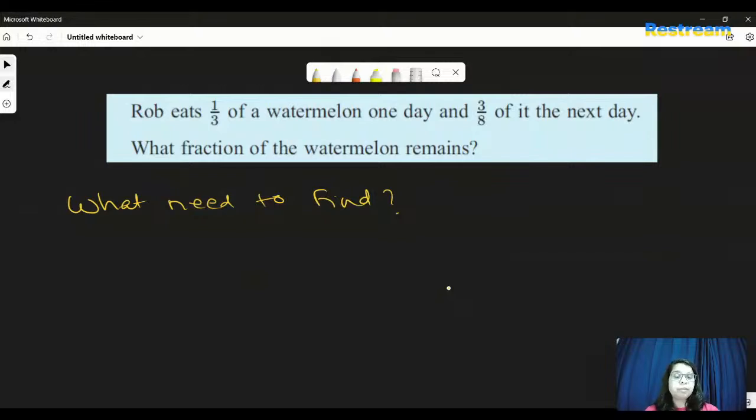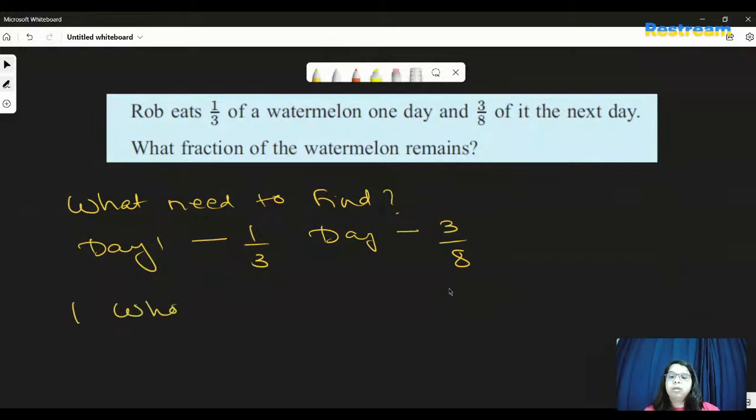So if you have already read it 3 times, all you need to do is compile the data. On day 1, he ate 1 by 3. On day 2, he ate 3 by 8. We are considering that he had one whole watermelon. So out of that, on day 1, he ate 1 minus 1 by 3, so 2 by 3 remained.